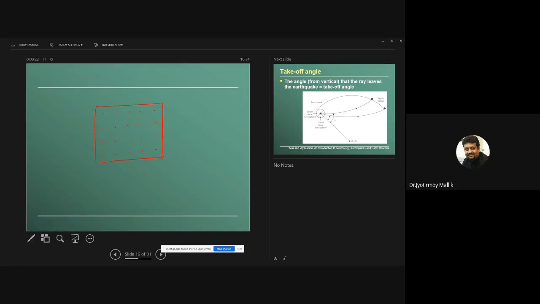Now what I am observing, these are my extensional ones. This is the pattern I have observed. And then let's use another color. These are my compressional ones.